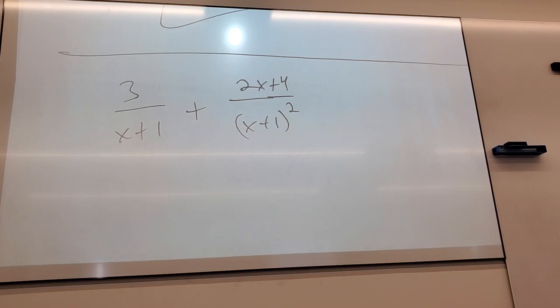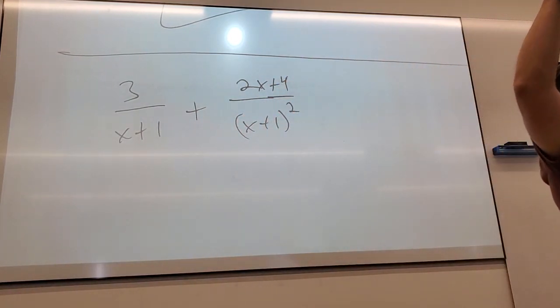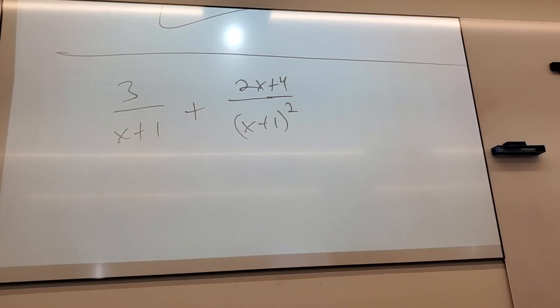I've got to show you why a certain thing happens. The biggest part of a partial fractions problem is figuring out the form of the answer. If you get that wrong, like the a over x plus 5 plus b over x minus 3 that we put down, there's no way you're going to get the answer. So a really key part of this problem is, what's the correct form of the answer?